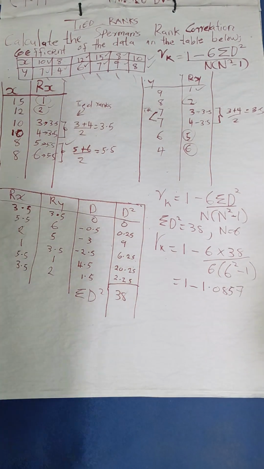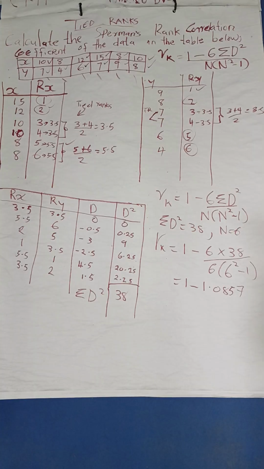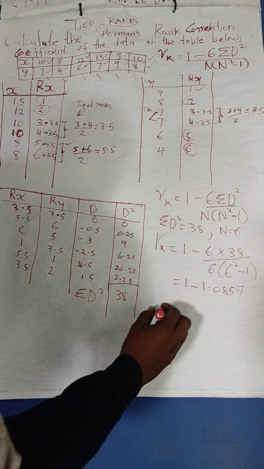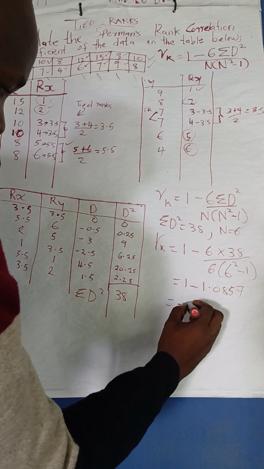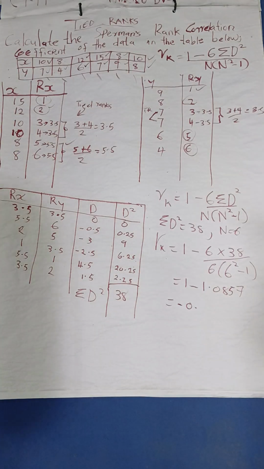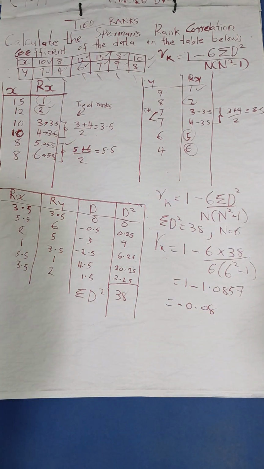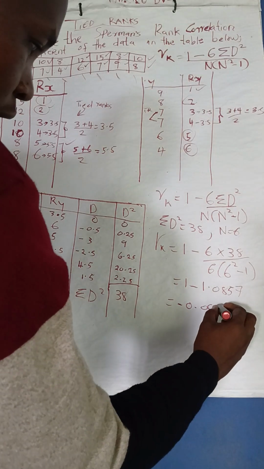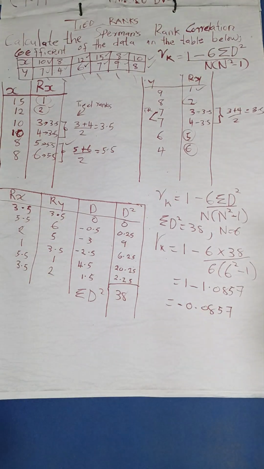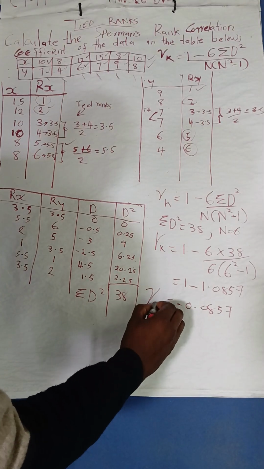If you subtract now, you'll have your answer as negative 0.0857. Yeah, so that is our rK.